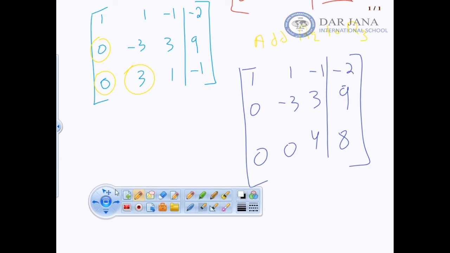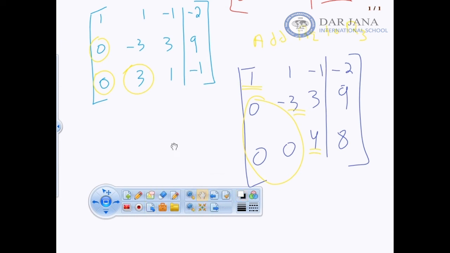Remember, I need to convert these three numbers to 0 and these three numbers to 1. So what do we do? We still have one more step to do, and we are done.